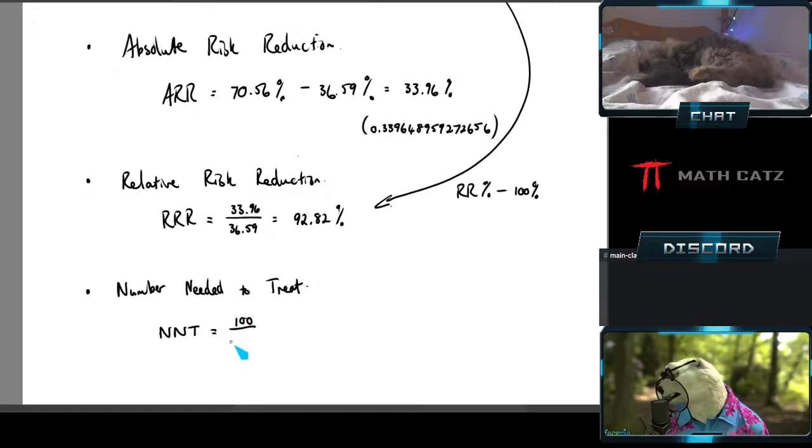So it's going to be 100 over the ARR percentage version, which is going to be 106. Of course, the accurate version, just in case it makes a little difference in a little decimal.